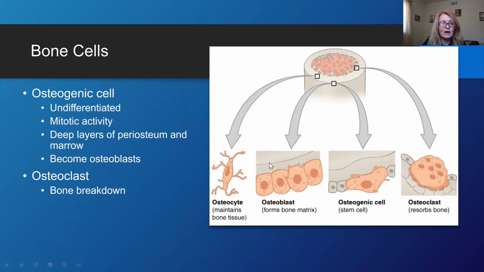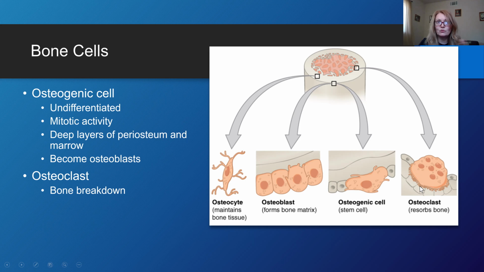Another cell that we have is osteoclast. Osteoclasts are bone resorbing cells. So they break down your bone, and by doing it, they allow calcium and minerals to be secreted from the bone into your bloodstream, right?